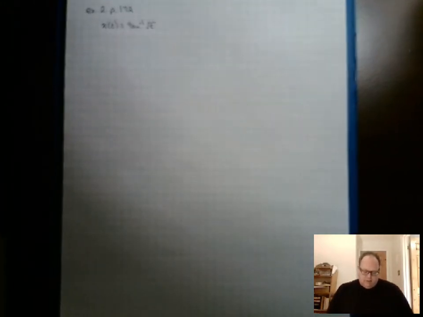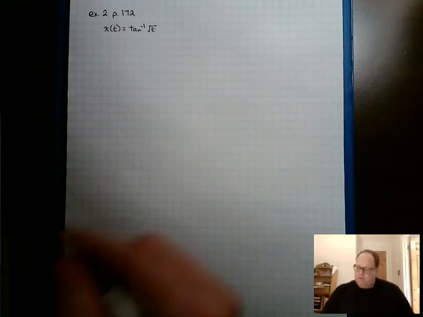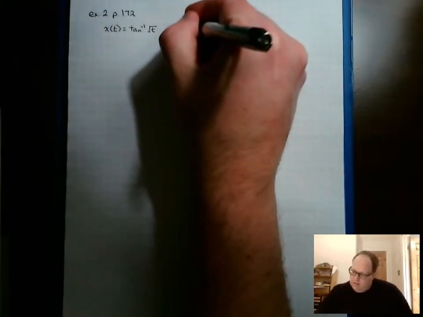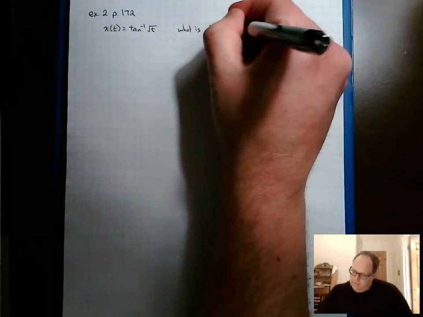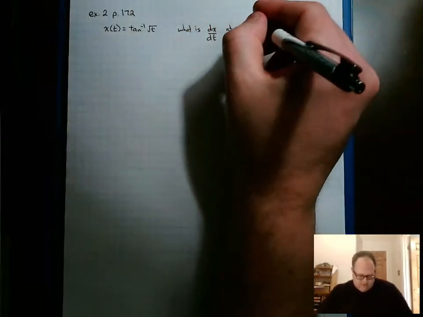What is the velocity of the particle when t equals 16? So effectively what we're being asked is, what is dx dt at t equals 16?